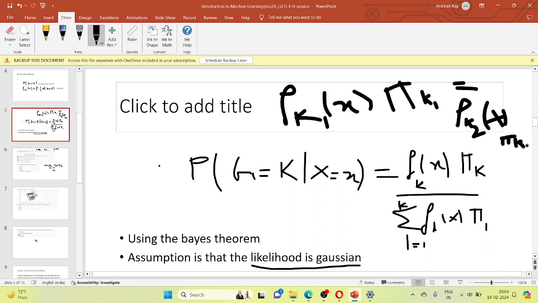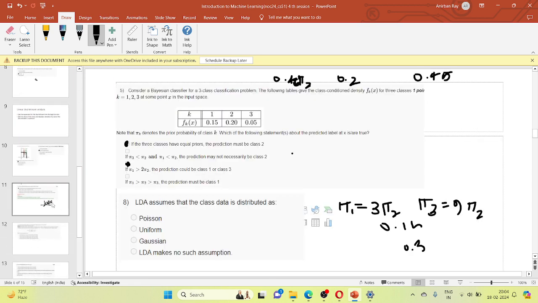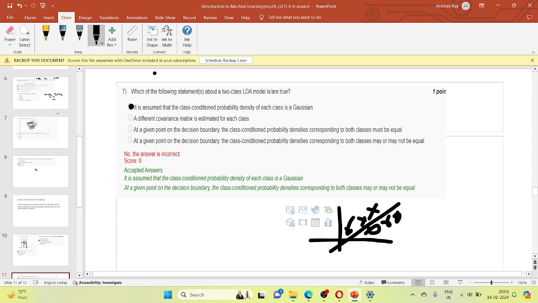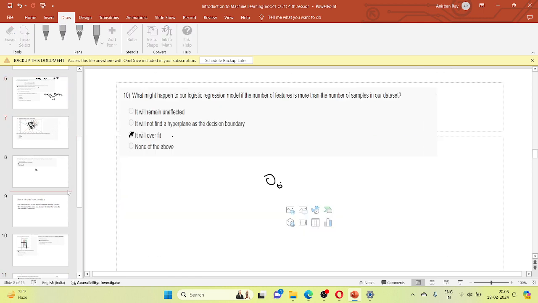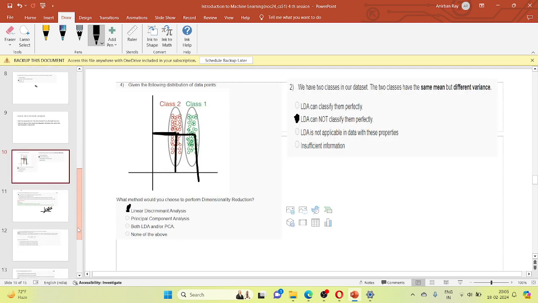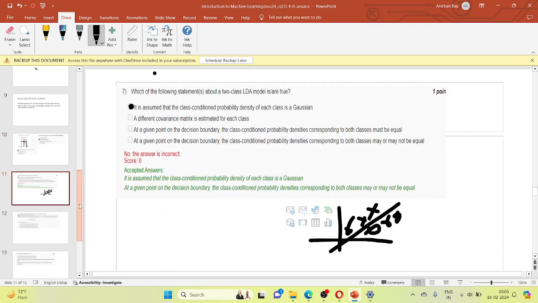As you can see, this will be equal, but our question says that f_k1 has to be equal to f_k2. That is not necessarily possible; it may or may not be. Why? Because pi_k1 and pi_k2 may be different, or may be the same. That is actually the idea.